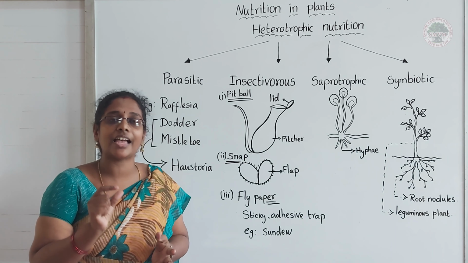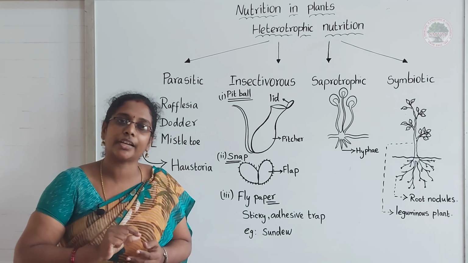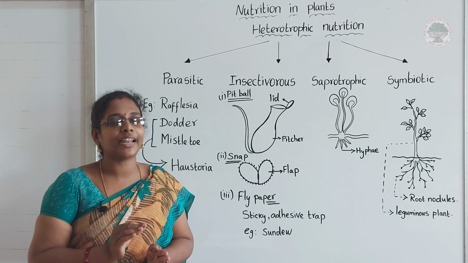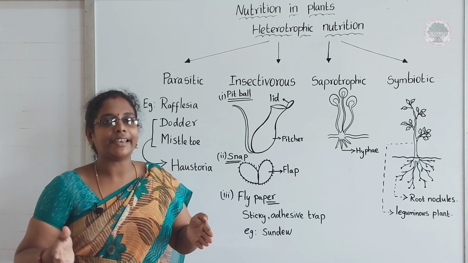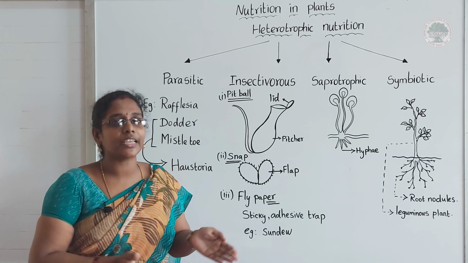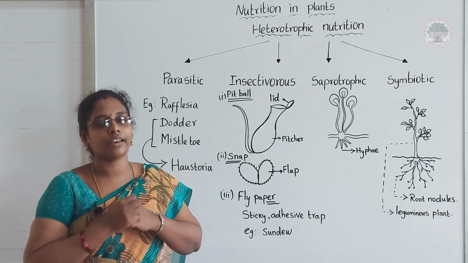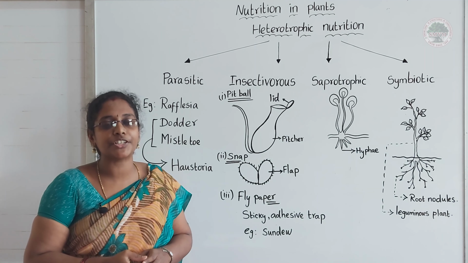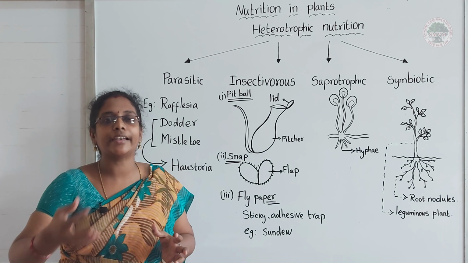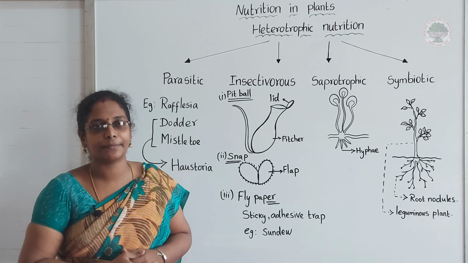Because the seed has a very limited amount of nutrients. Only the baby plant can withstand 5 to 10 days. If it exceeds that, then definitely it will die. So within that duration, it is supposed to find another host plant.